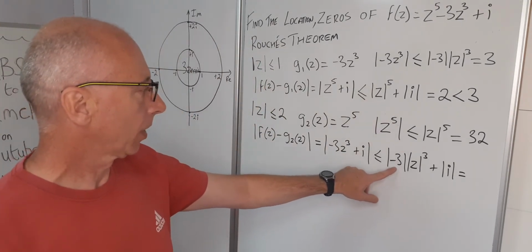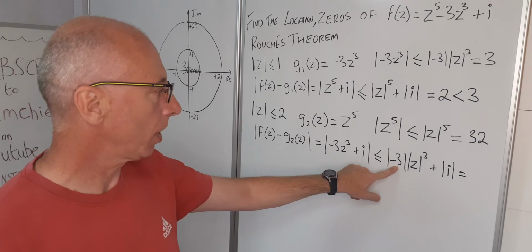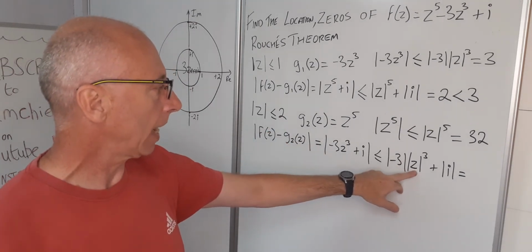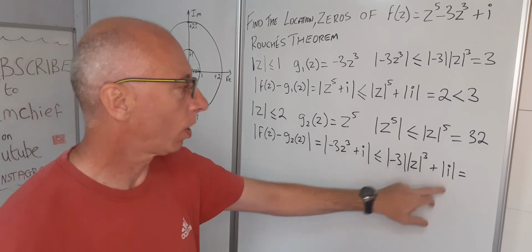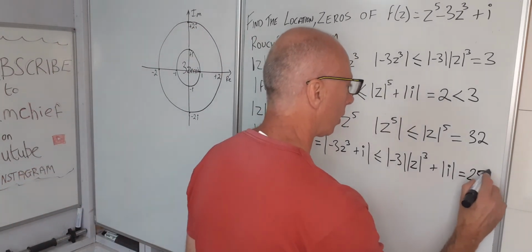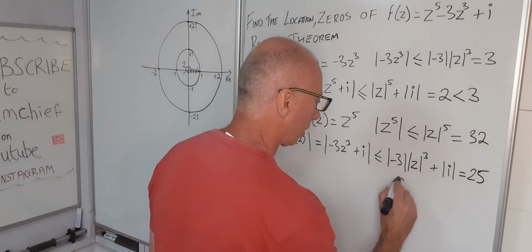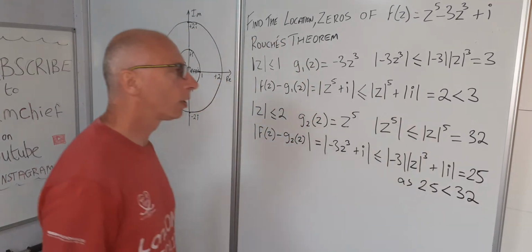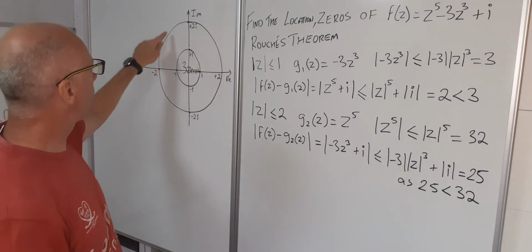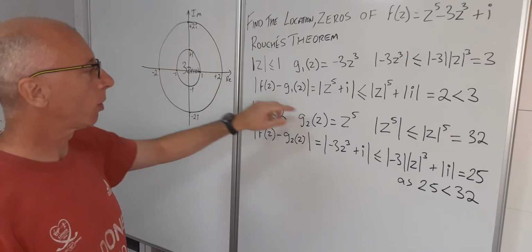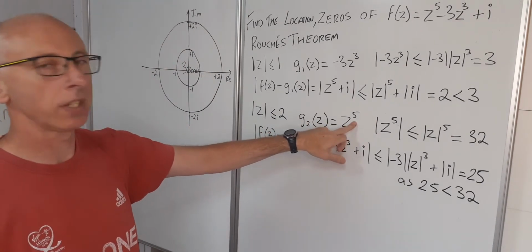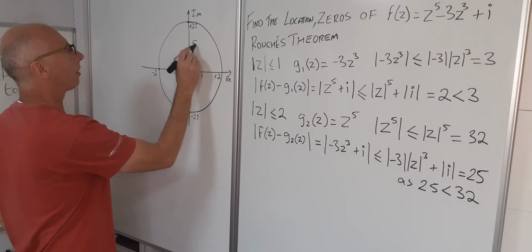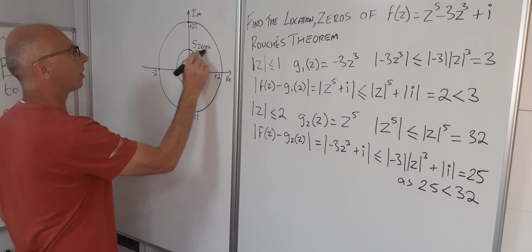The modulus of minus 3 just becomes 3. z cubed, when z is 2, that becomes 8, so that becomes 24, plus 1, that's 25. And as 25 is less than 32, we say the zeros inside this circle are equivalent to the number of zeros of this term, which is 5. So what we can say is in here, there are 5 zeros.